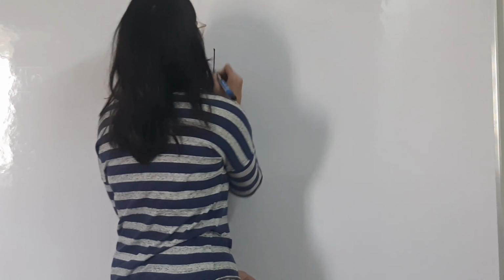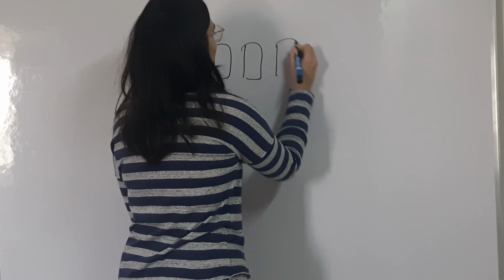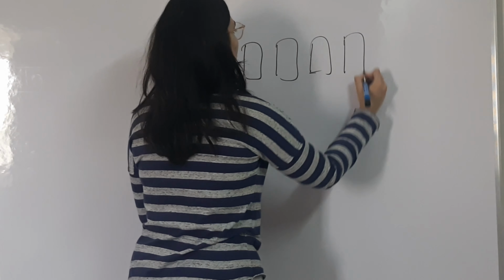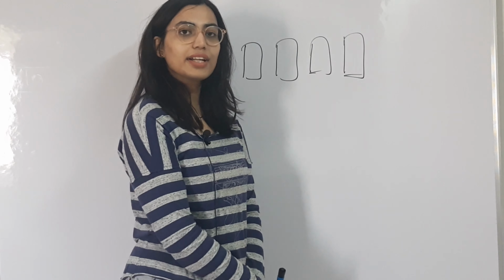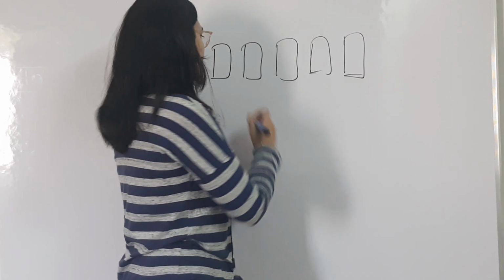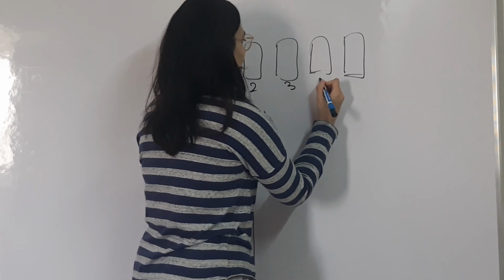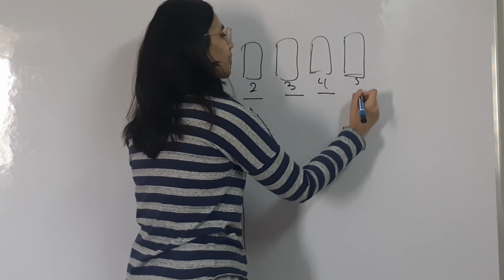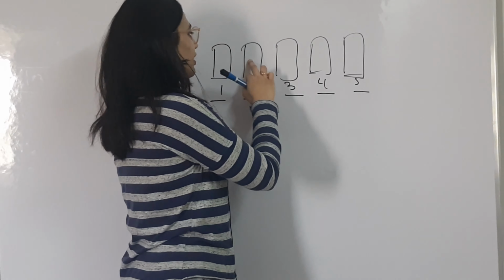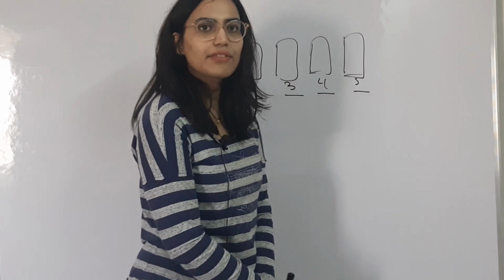So if I say there are 5 erasers in front of me, how did I reach the number 5? Can I count these as 1, 2, 3, 4, 5? So there are 5 erasers in front of me.